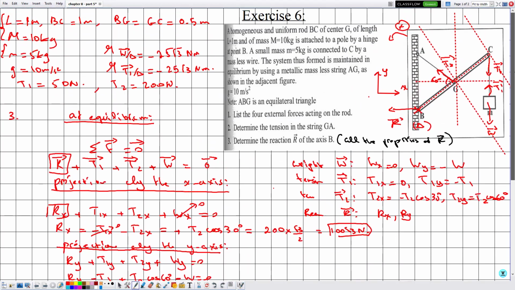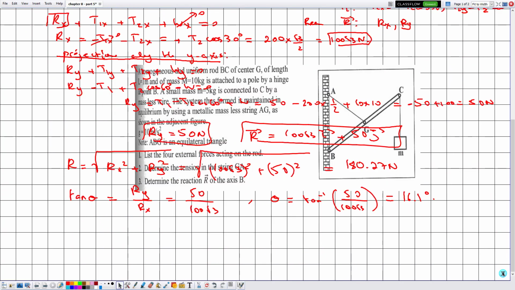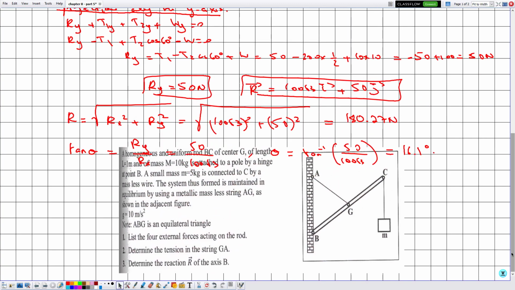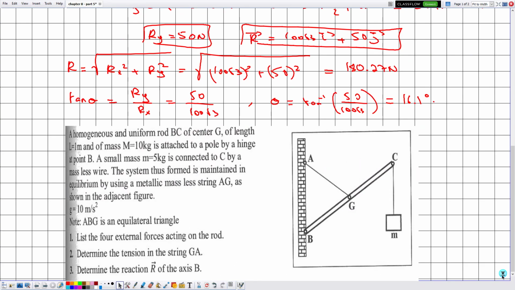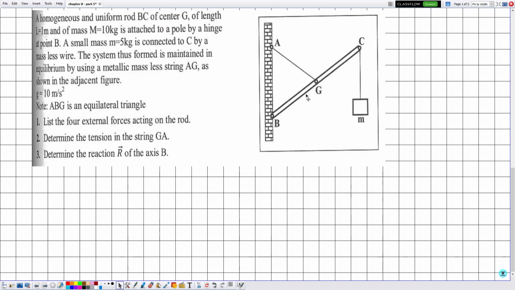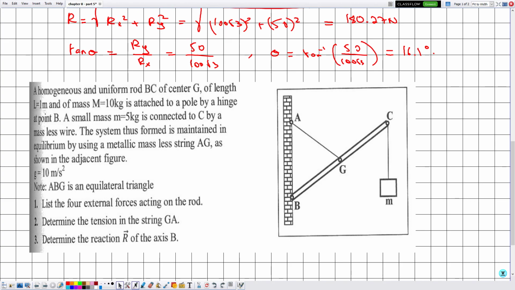Now how do we interpret this result and check if it's correct or wrong, because in the previous part I made a mistake regarding this. Before we calculate R, one can anticipate the direction of Ry. So if this is the tension T2 acting like this, this is the tension T1 acting like this, and this is the weight acting like this.